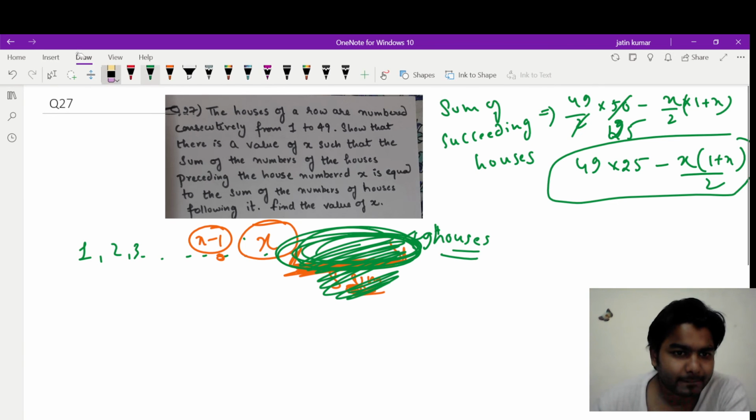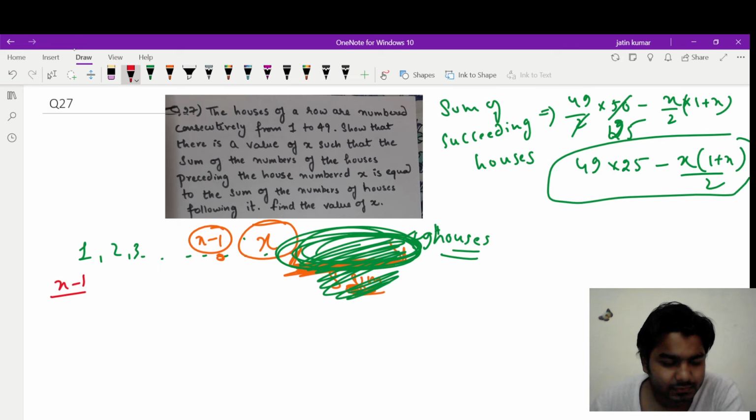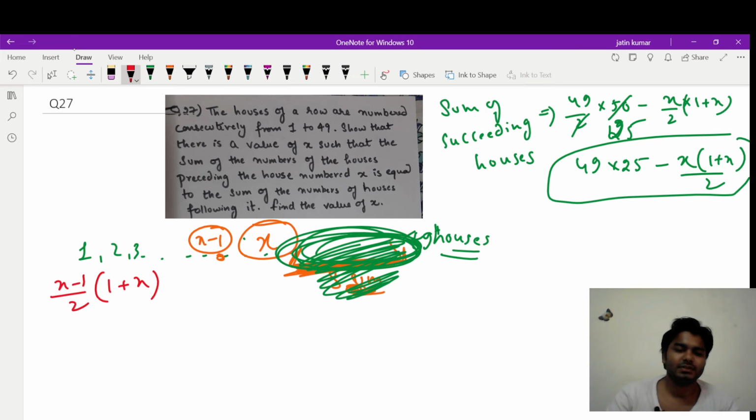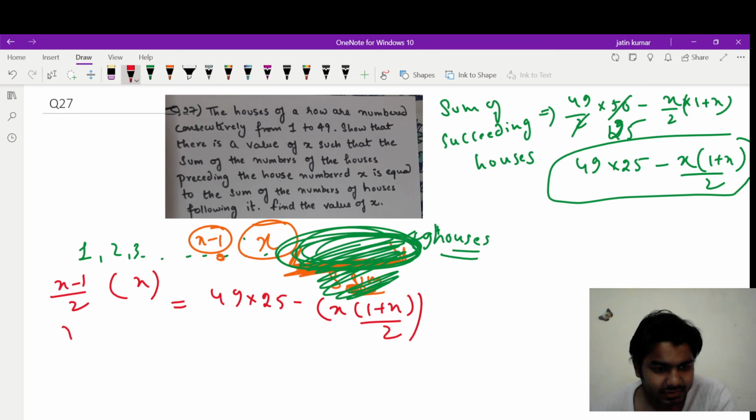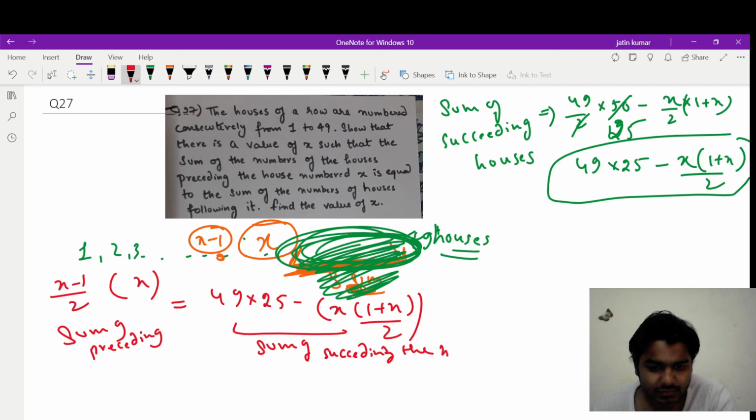What was it? x minus 1 upon 2 into 1 plus x minus 1, which becomes x into x minus 1 upon 2. This sum should be equal to 49 into 25 minus x into 1 plus x upon 2. This is the sum of preceding houses and this is the sum of succeeding houses, the sum of the houses after the house x.